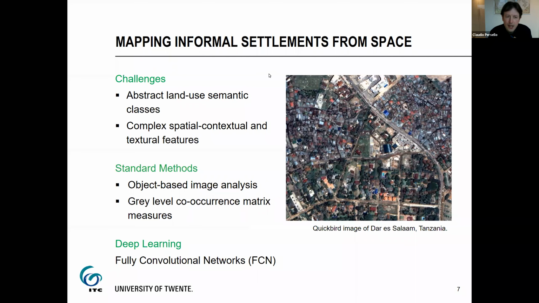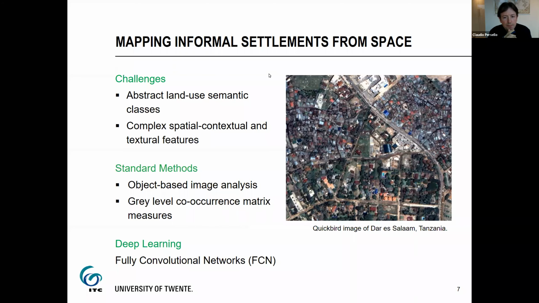The challenge is to extract the spatial contextual features that allow us to discriminate different urban areas. Another challenge is simply the difficulty of defining what actually constitutes a slum and what is a formal settlement.